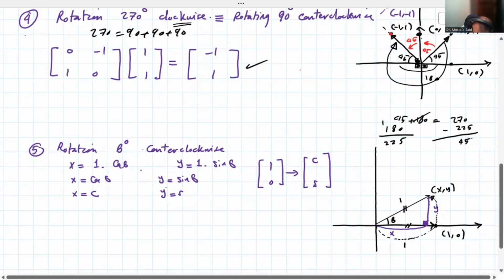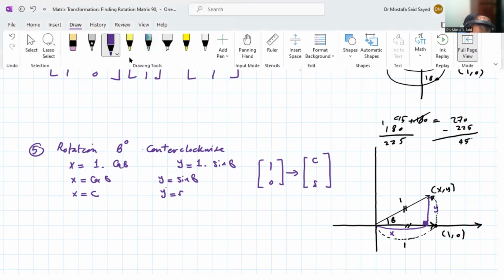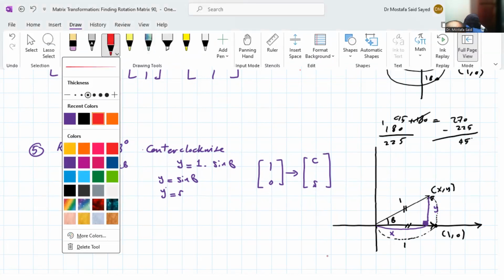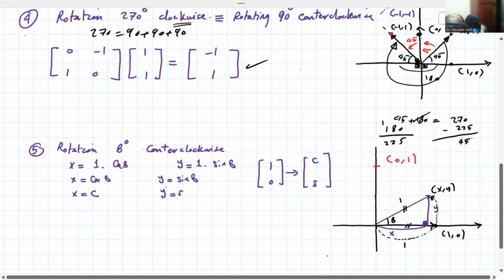Now let's do the other coordinates. Let's do it with red, for example. This here is 0, 1. So 0, 1 will rotate, for example, here, with the same length. Again, this is, for example, x and y. This is again 1.